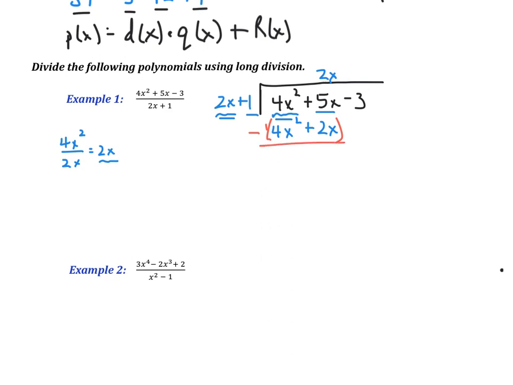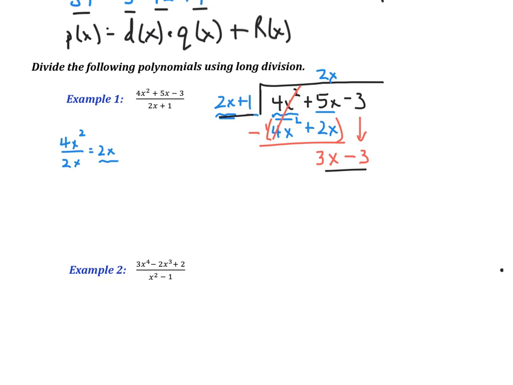All right, big idea that we have to remember is that we are subtracting. Okay, so when I do 4x squared minus 4x squared, they cancel. 5x minus a 2x gives me a 3x. I bring the next term down and I have minus 3. You always want to have two terms when you have two terms. If I got two terms here, I want to have two terms here.